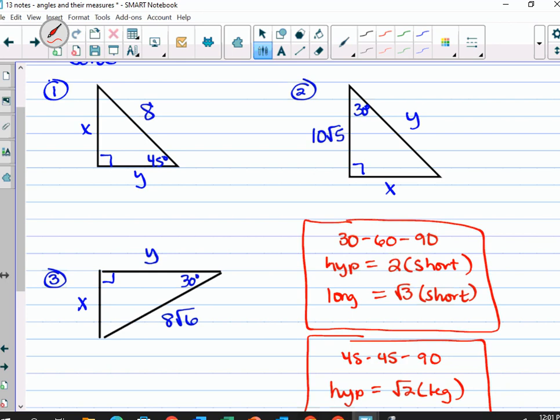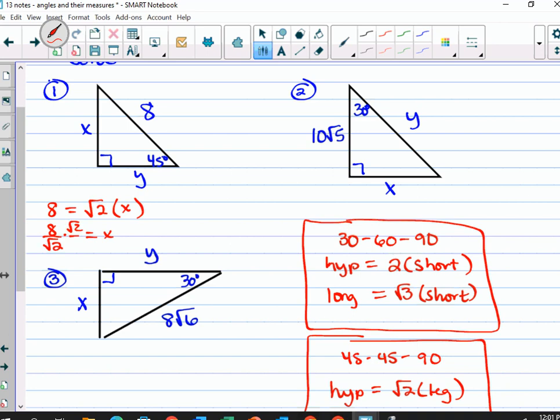So number 1, that's a 45, 45, 90 triangle. What do we know about the 2 legs? They are the same. And so I look at the formula. I know the hypotenuse is equal to root 2 times a leg. So either root 2 times x or times y. I divide by root 2 to solve.